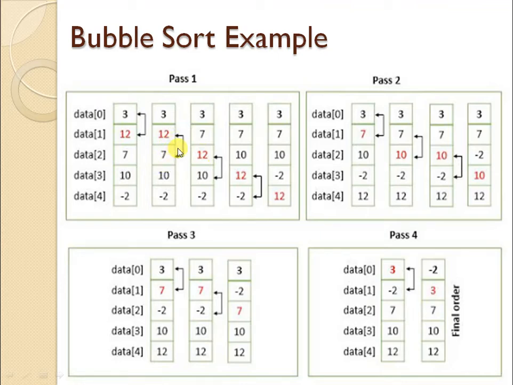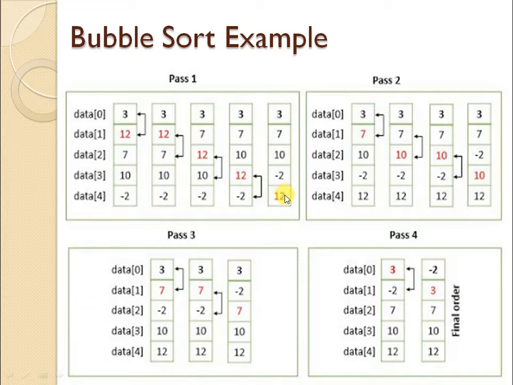Positions are changed. Then 12 is again compared with 10, so again swapping. Again 12 and minus 2 are compared and you get 12 at the top. So this element 12 bubbles to the top of the list. That's why it is called bubble sort. So this is the first pass.